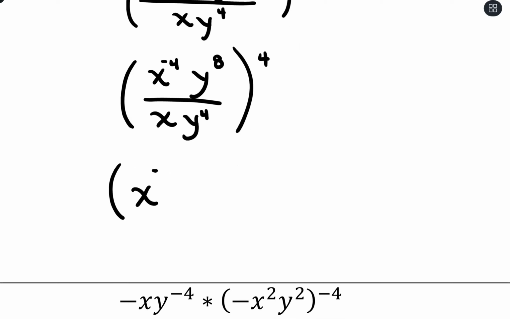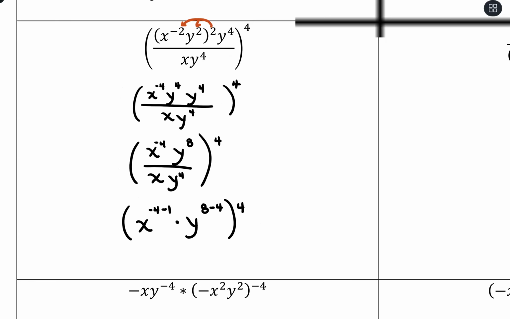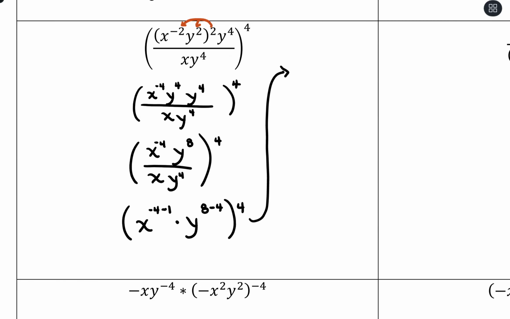So I'd have x to the negative 4 and then minus 1 from the denominator, and then times y to the 8th minus 4 from the denominator. Oh, and let's see where I'm going to put all this work. I'm writing quite big today. All right. So this will be x, negative 4 minus 1 is a negative 5. y, 8 minus 4, which would be 4.